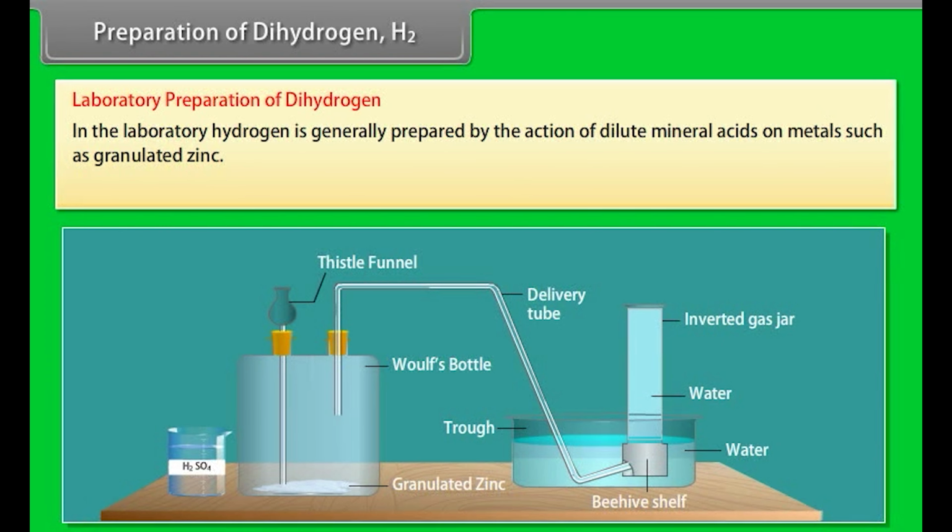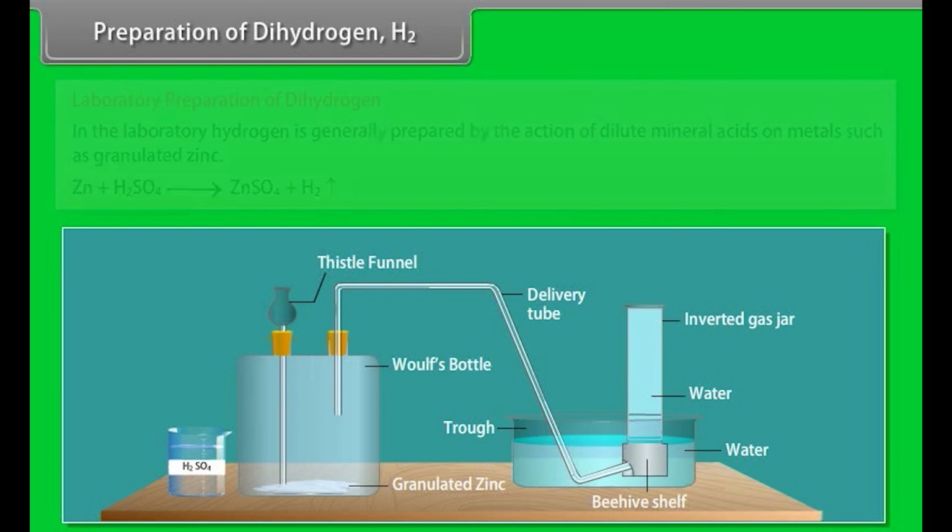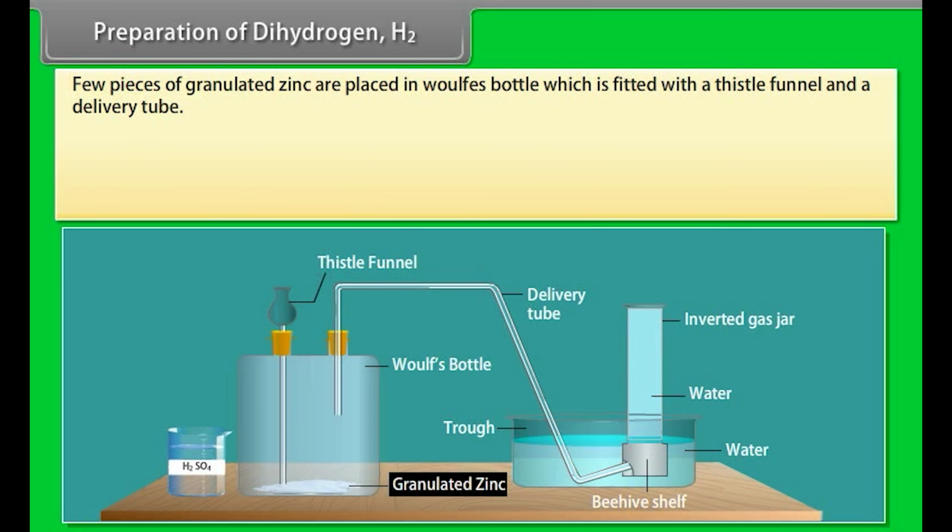Preparation of dihydrogen, H₂. Laboratory preparation of dihydrogen. In the laboratory, hydrogen is generally prepared by the action of dilute mineral acids on metals such as granulated zinc. A few pieces of granulated zinc are placed in a Woulfe bottle which is fitted with a thistle funnel and a delivery tube.